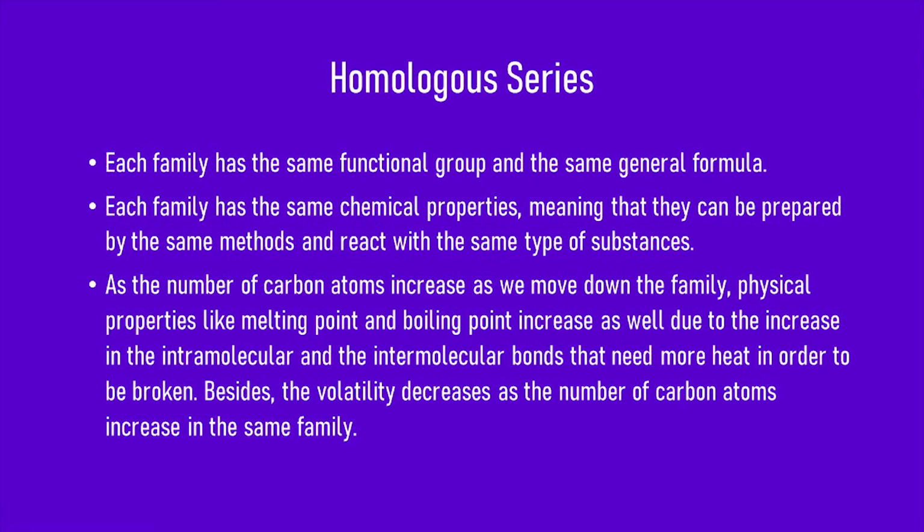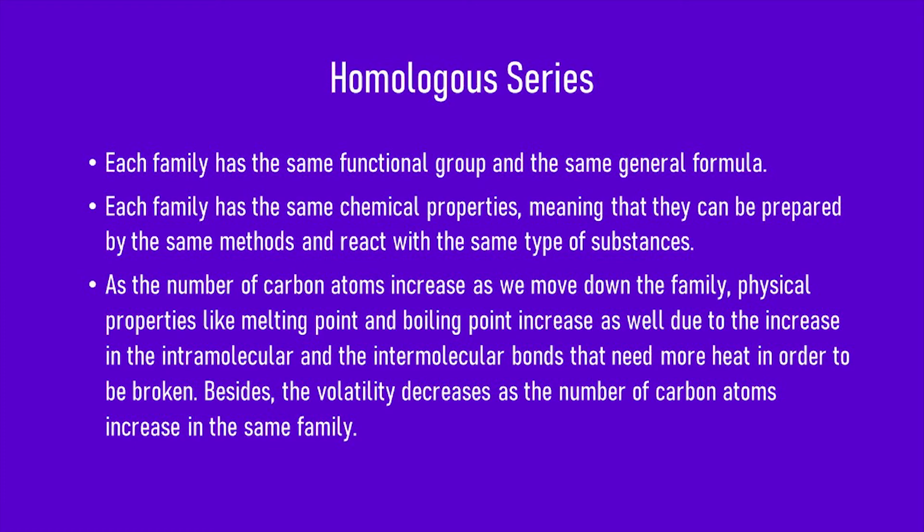The family has the same chemical properties, meaning that if one member of a family tends to react in the form of combustion reactions, most members or even all members of the same family would react in the form of combustion reactions. They tend to behave and react in the same way.